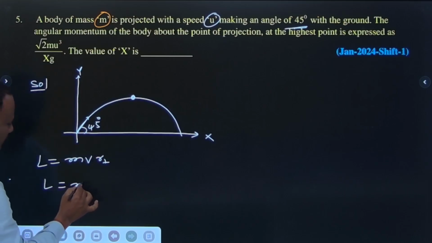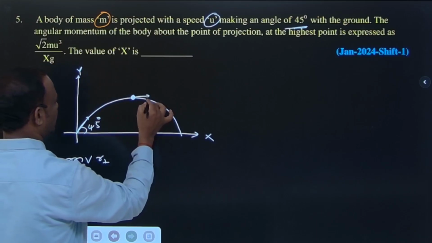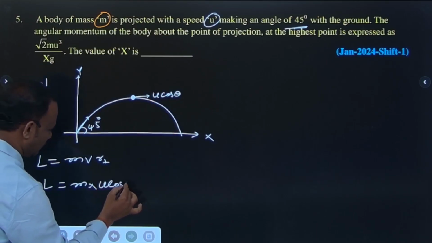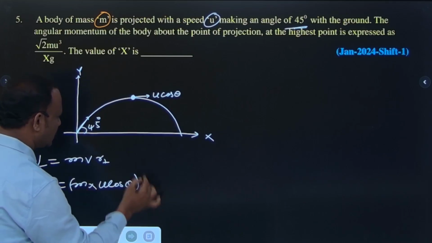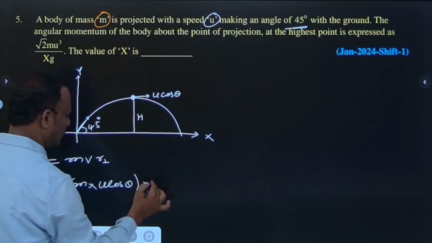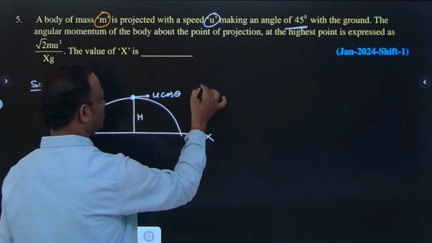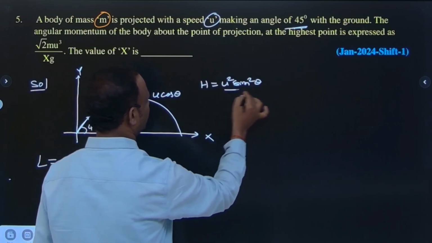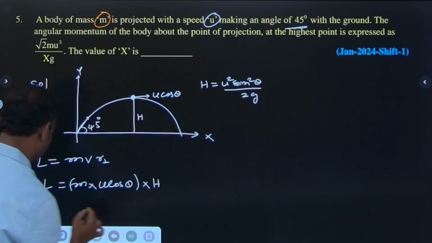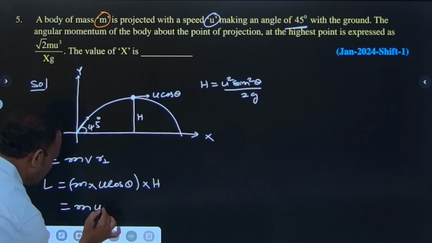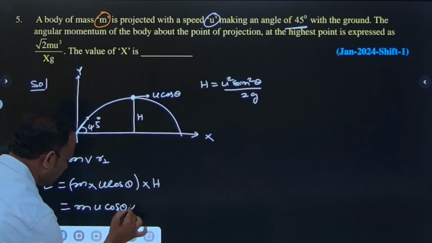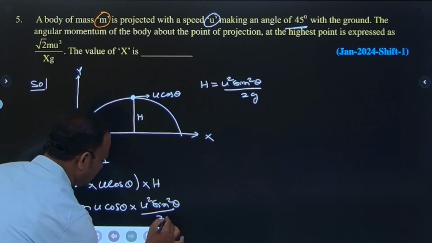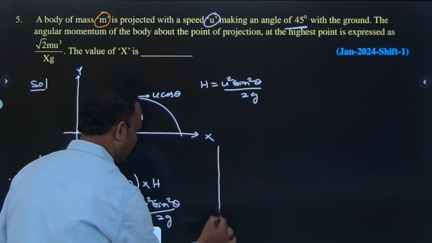L is equal to M into the velocity at this point, which is u cos theta, into the perpendicular distance, which is H. H is equal to u square sin square theta by 2g. So L is M u cos theta into u square sin square theta by 2g.